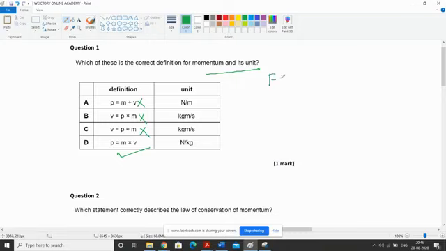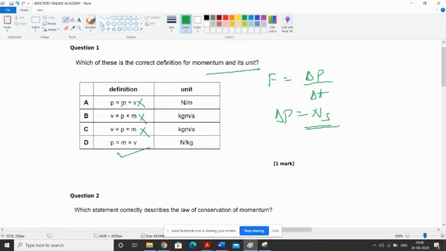So force is delta p over delta t, right? So Newton per kg, momentum is Newton per kg. So delta p is Newton second or kilogram meter per second.